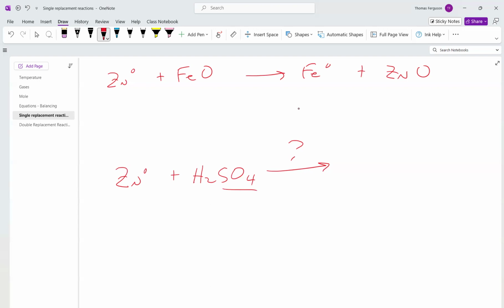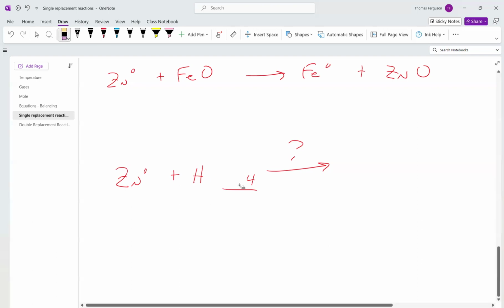Whenever you have an acid, the acids have an H+ in them. In this case, there are 2 H+. In fact, instead of sulfuric, let's simplify this. Let me make it hydrochloric acid, which just has one H.